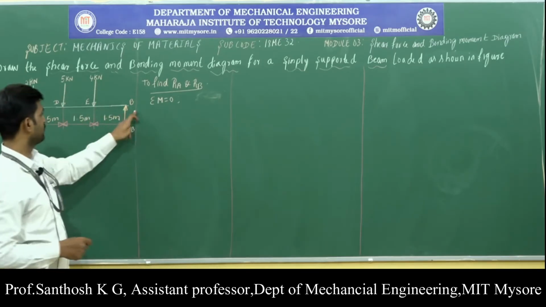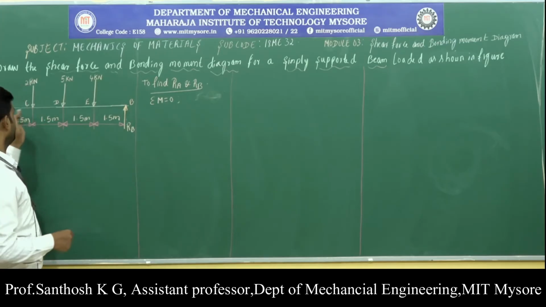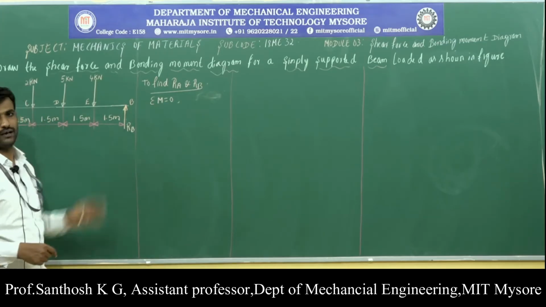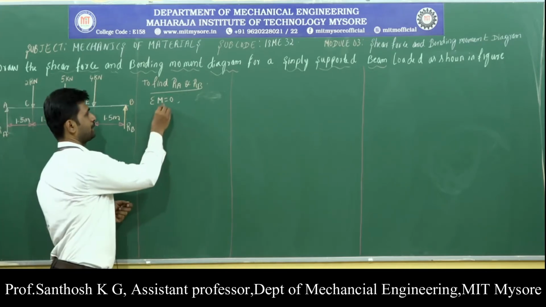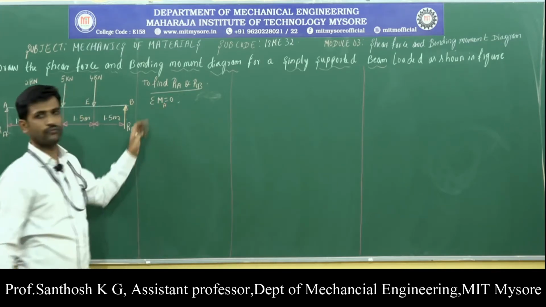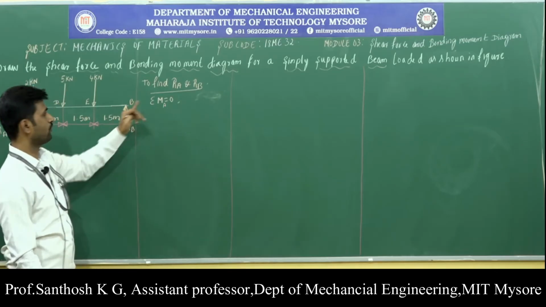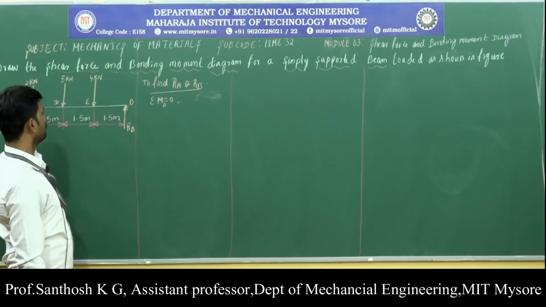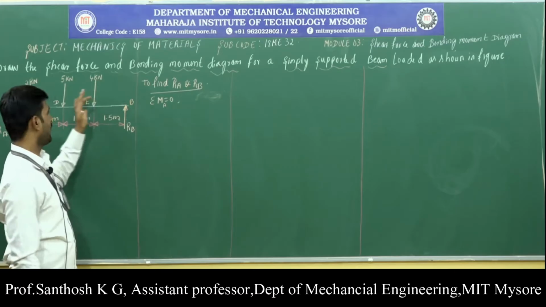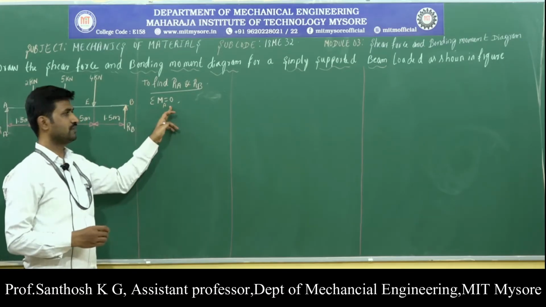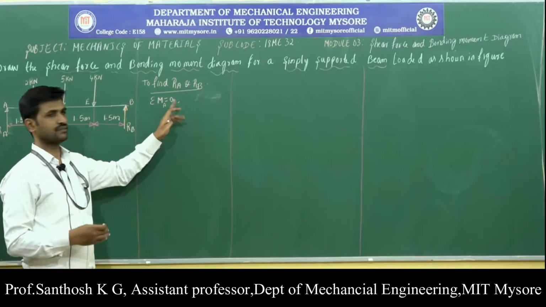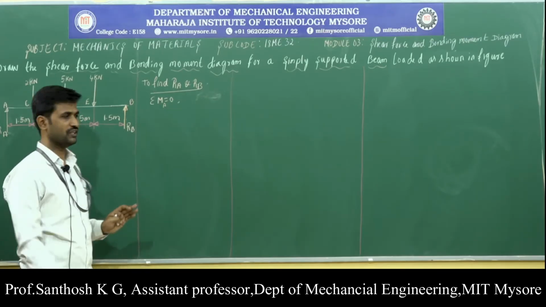We can take the moment at point A, C, D, E or B; I will take the moment, let us say, at point A. When I take the summation of moments due to the various forces acting on the beam at point A and add them, the summation should become 0.